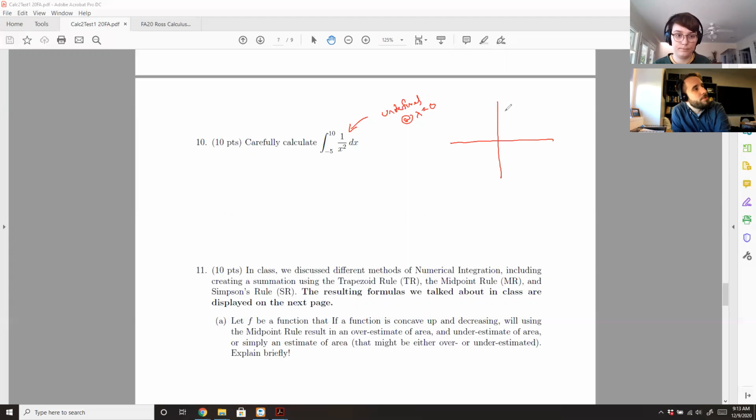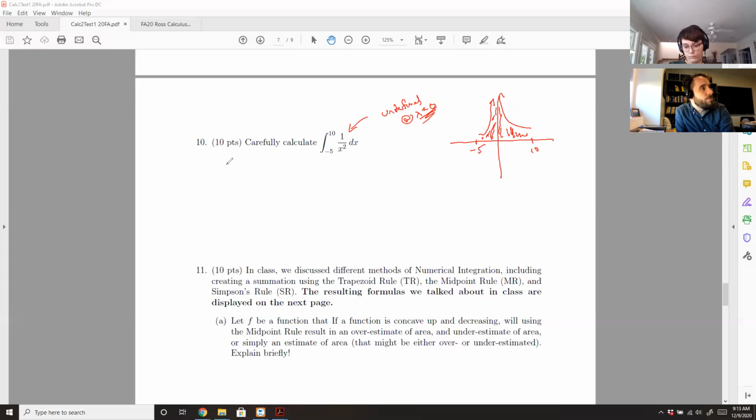Our function 1 over x squared looks like this, and I'm asking you to integrate from -5 up to 10 and to calculate all of that area. That's something we can attempt to do, but not without improper integrals. Our strategy was to first identify the point where it's undefined.